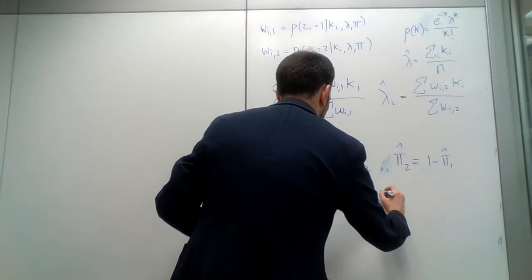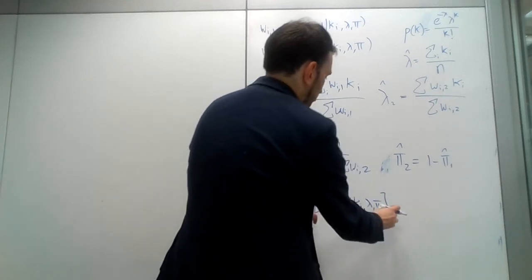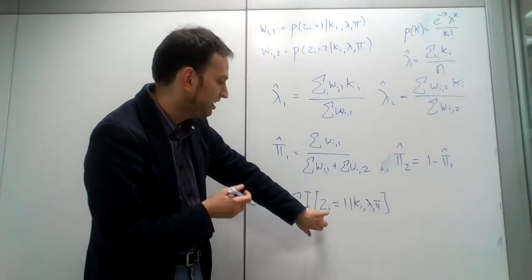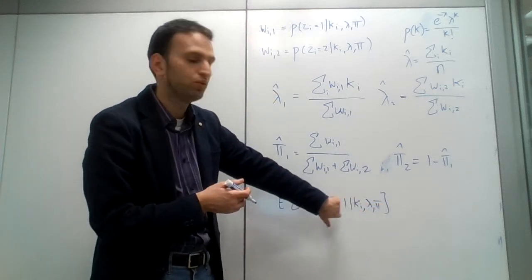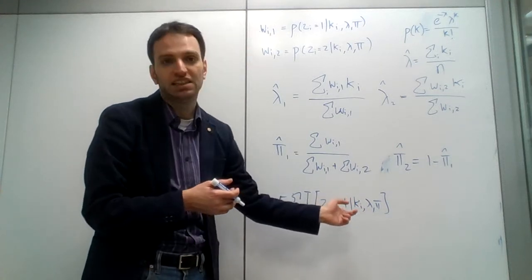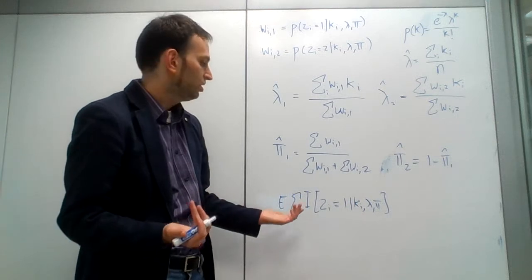So if this was either 0 or 1, meaning if we knew exactly whether Z_i is equal to 1 or 0, we would just count up the number of points such that Z_i is equal to 1, and we'd be done. But we don't.